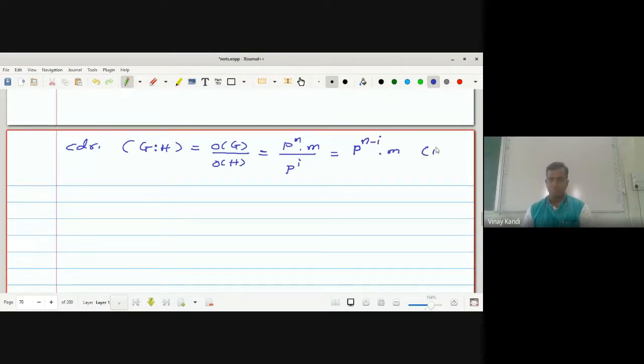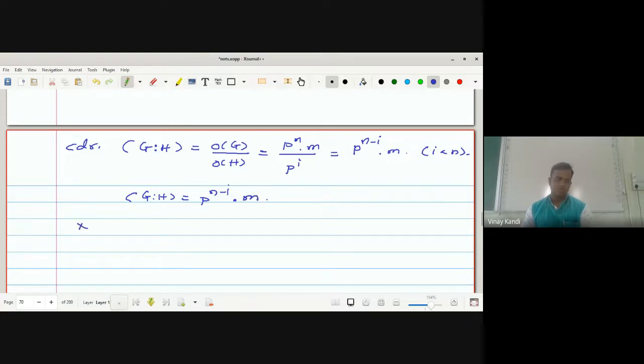Why? Because i is less than n here, that means n minus i is positive. So the index of H in G is equal to p raised to n minus i into m.